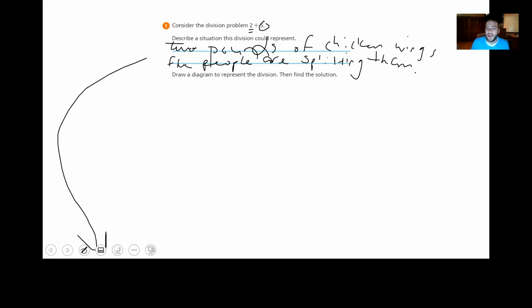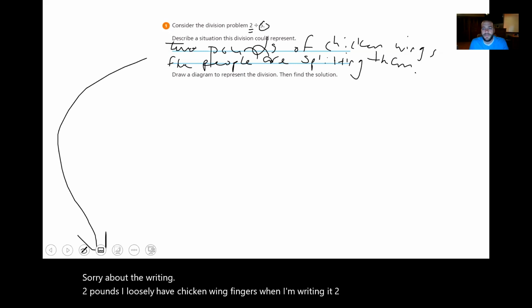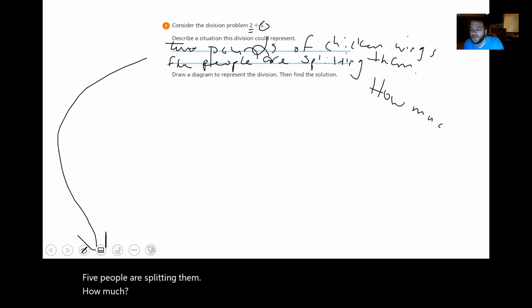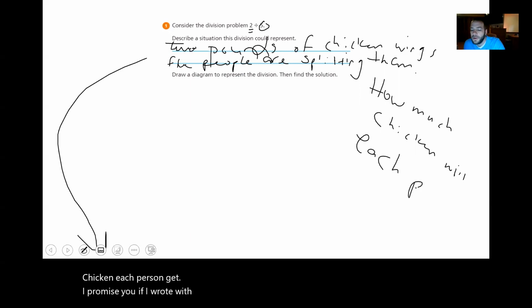Sorry about the writing. 2 pounds, it looks like I have chicken wing fingers when I'm writing it. 2 pounds of chicken wings, 5 people are splitting them. How much chicken will each person get? I promise you, if I wrote with my mouse, it'd be worse.